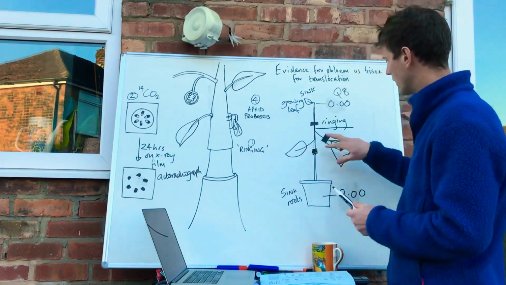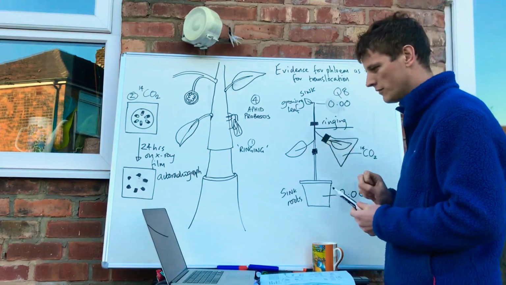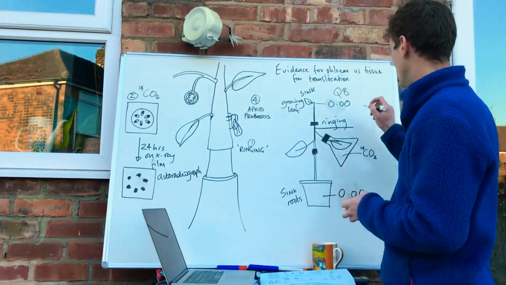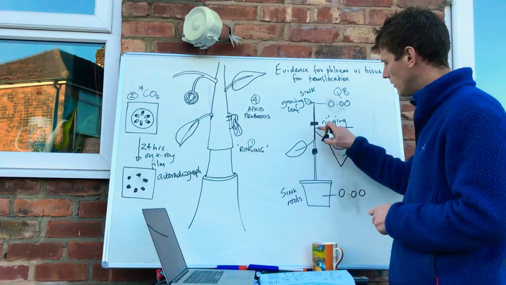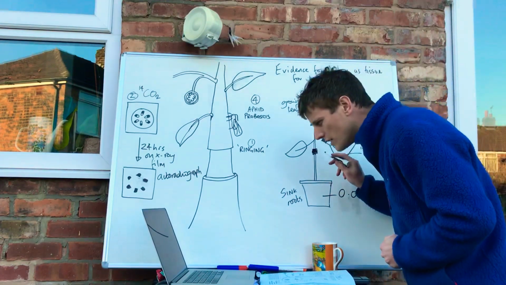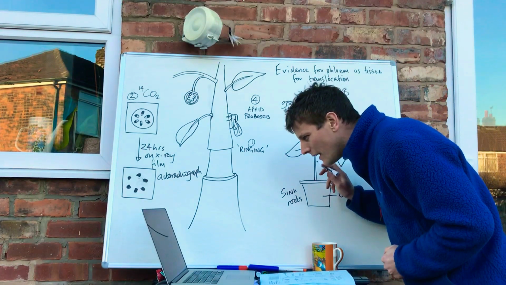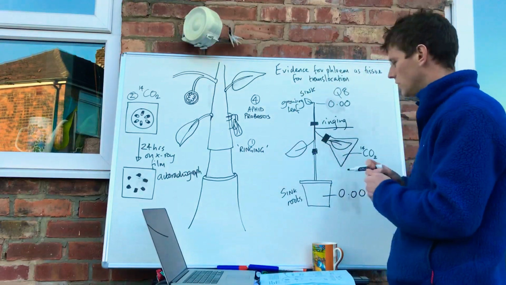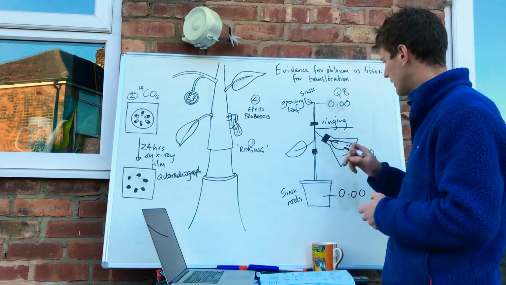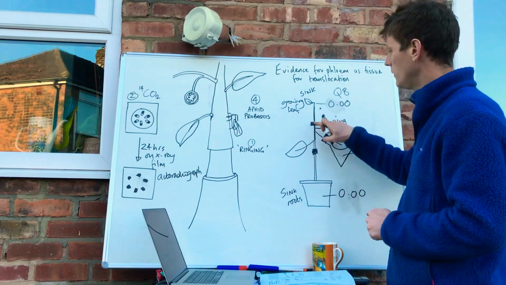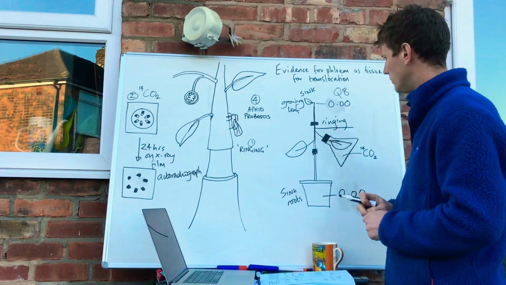And in the final diagram there is ringing below and above, and there is nothing at the top, nothing at the bottom, and all of those photosynthetic products remain between the two ringed sections. So that confirms that it's the phloem, because only the phloem is removed by the ringing.